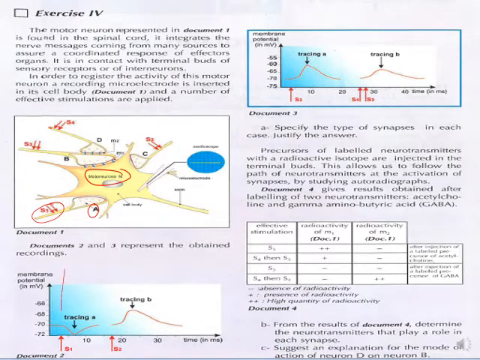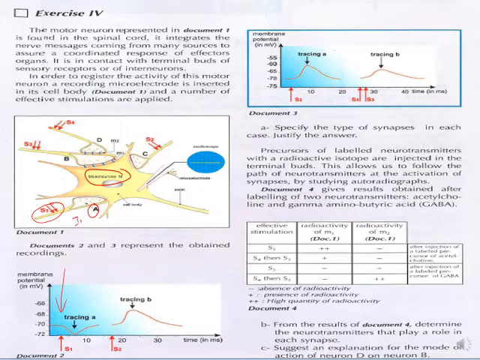S1 showed a hyperpolarization, meaning that the synapse between neuron A and the motor neuron is an inhibitory one. Since after applying a stimulation S1, it showed a hyperpolarization from minus 70 to approximately minus 72. So this first one is an inhibitory one.